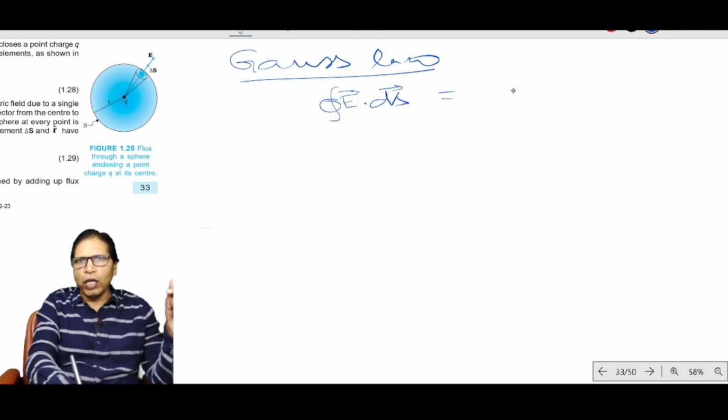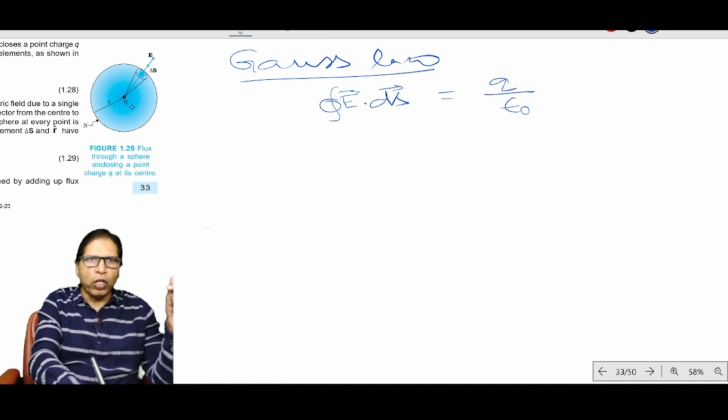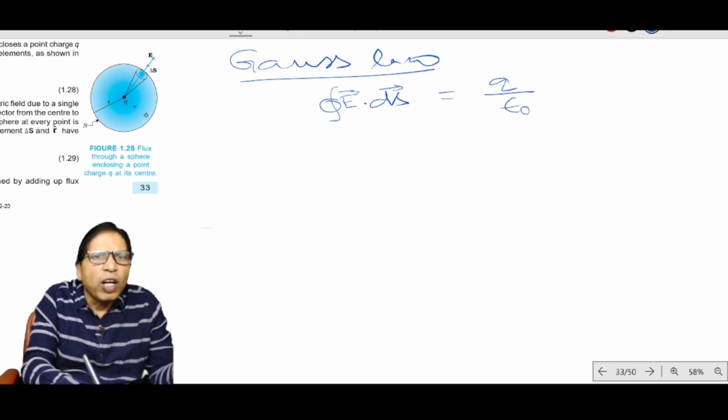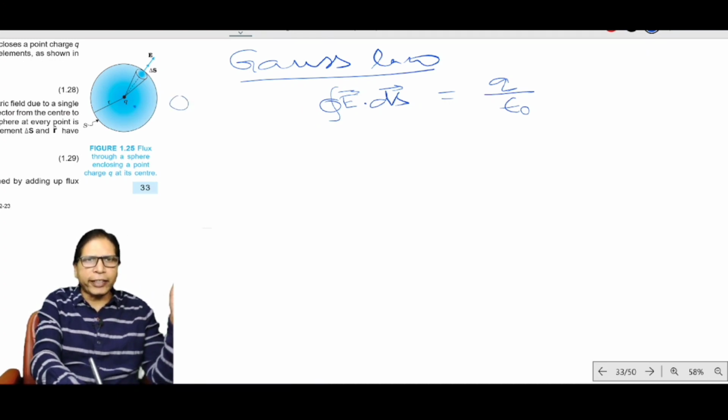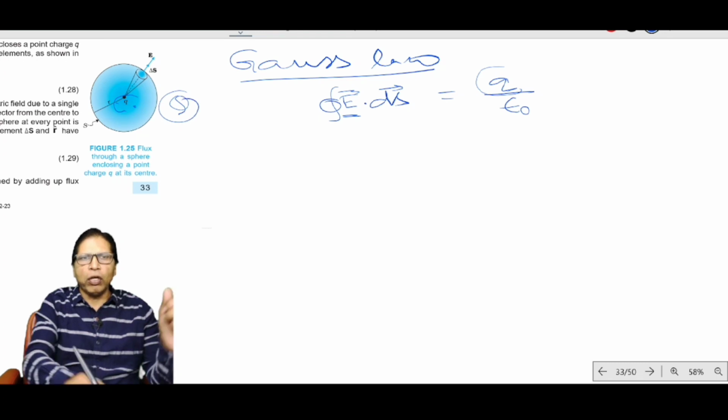This equals the total charge enclosed by the closed surface divided by epsilon naught. If q is the charge enclosed, this is q by epsilon naught. Suppose the outside charge is capital Q, then q is the only charge enclosed by the Gaussian surface, but the electric field is due to both charge q and capital Q.